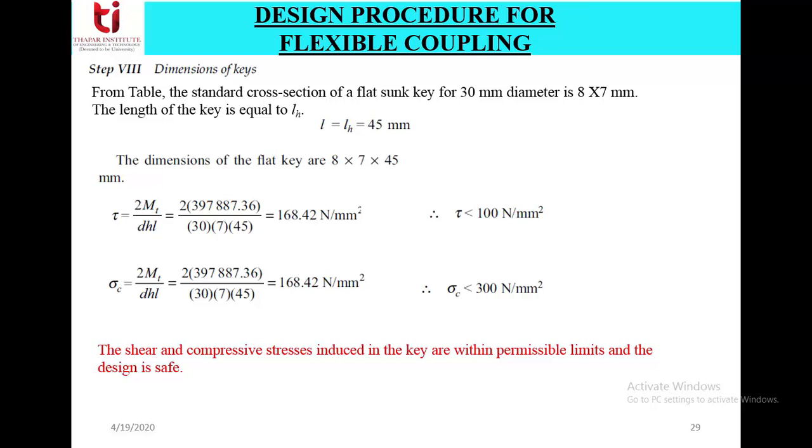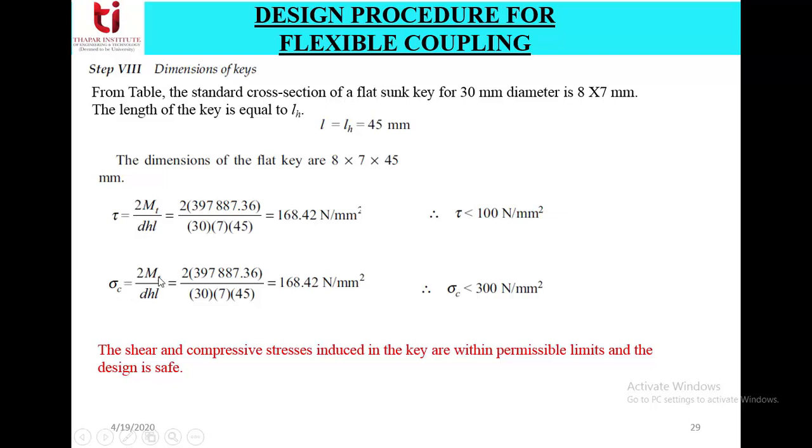We can go ahead with this dimension, but we need to first ensure whether the key is safe as far as shear strength as well as compressive strength is considered. From shear strength we get tau equal to 2Mt by dhl, which comes out to be 168.42 megapascal. I think we have miscalculations here in this table, so tau is something else.